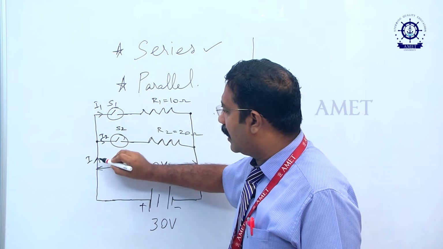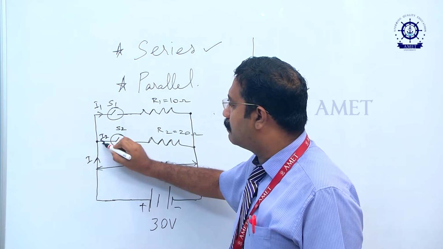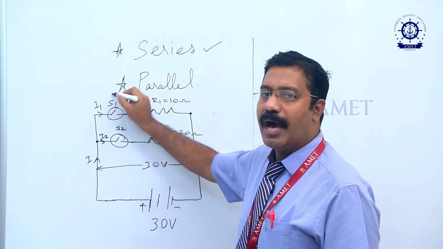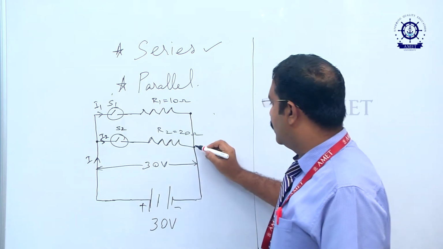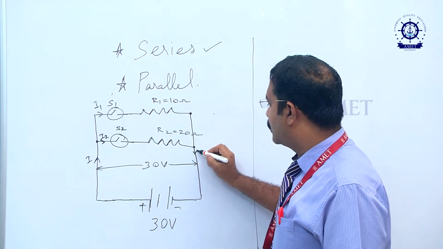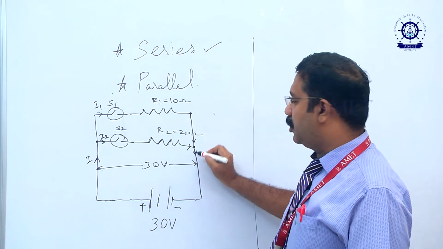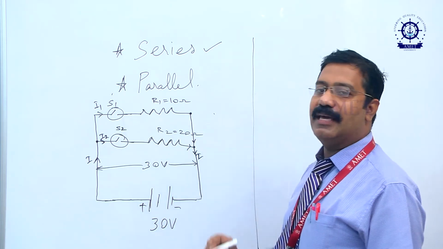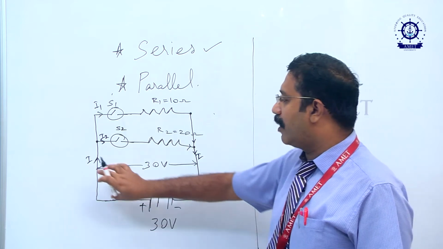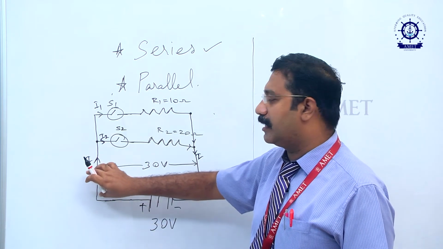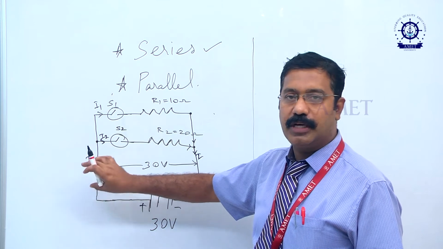See, the total current I is entering and it is divided into two, I1 and I2, and at this junction, once again I2 as well as I1 will merge and the total current I will be received over here. Therefore, if you connect an ammeter over here, it will measure the total current.